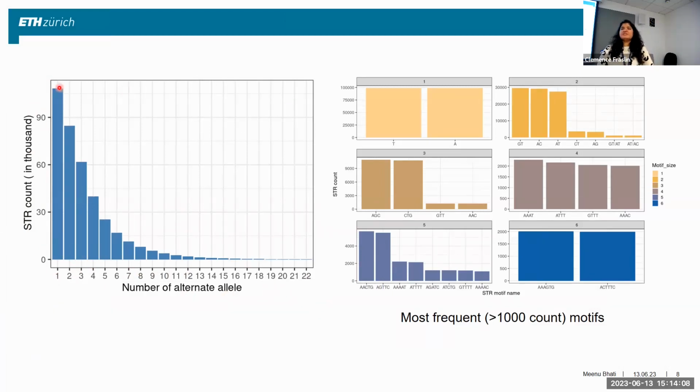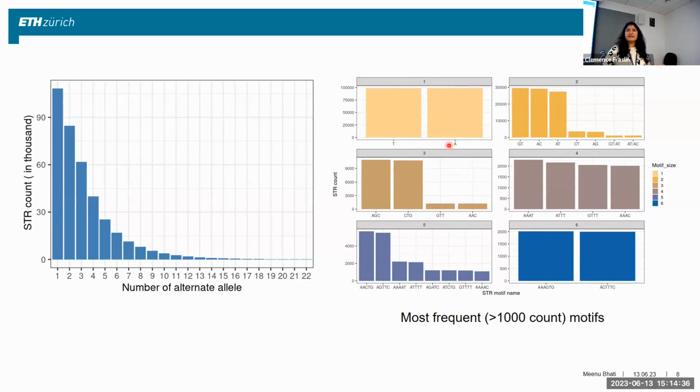And among these, we checked what the actual motif-based sequences are per STR motif. So here you could see mostly A and T. You can have four bases, A, C, T, G, but mainly T and A, while C and G were rarely observed. And this was intriguing, so we tried to check in human. They observed the same, that G and C are least observed.